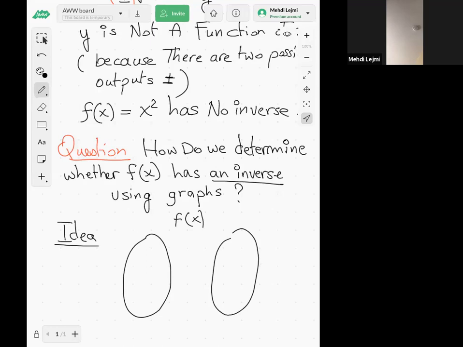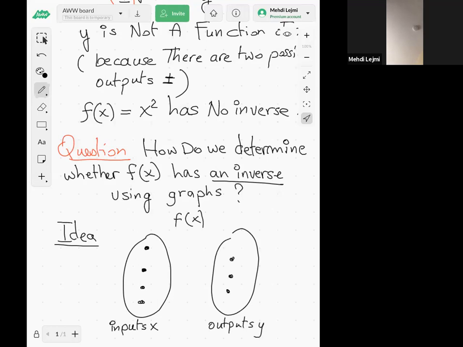Here I have the inputs, and this is your outputs. Here you have your inputs x, and here you have the outputs y.